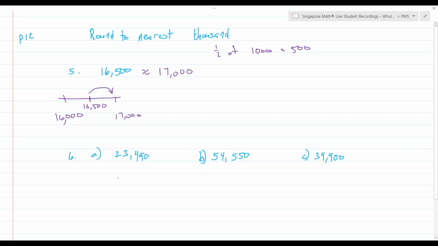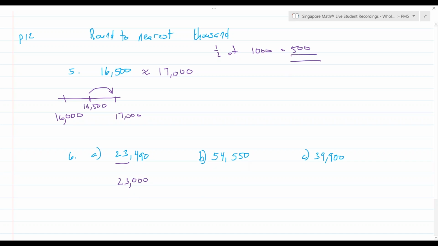On number 6, again, good time to pause, write down your answers, check and see if you got what I am about to say. 23,490 is closer to 23,000. 54,550 is past the halfway mark.